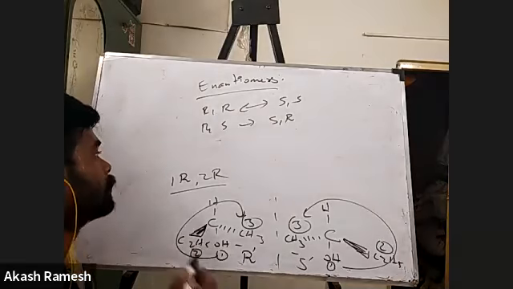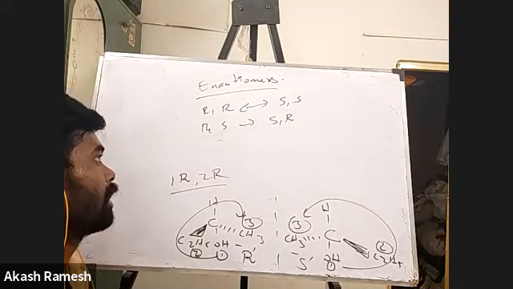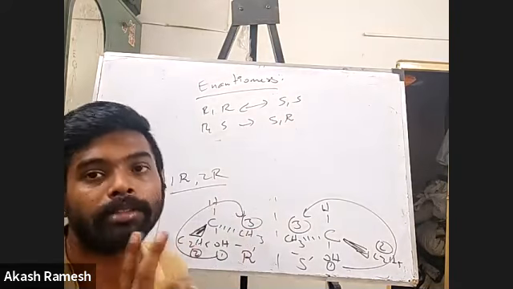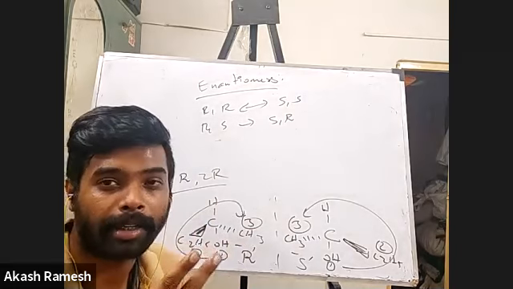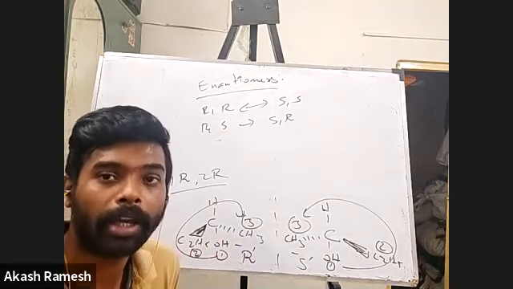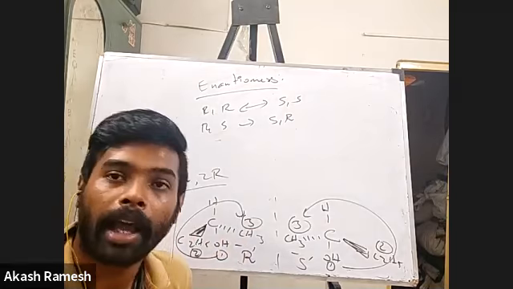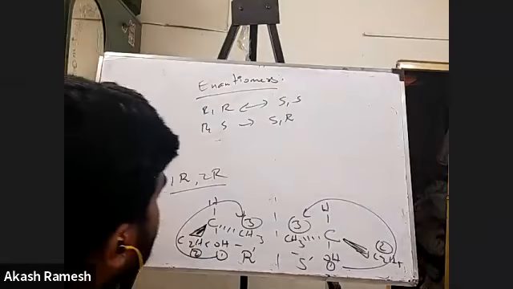And what other possibilities can there be? RS, RR, yeah. So I hope you understand, right? If you have two chiral centers, both the chiral centers should have completely different notations. Now if you see that, that particular pair is going to be enantiomers. Is that okay?